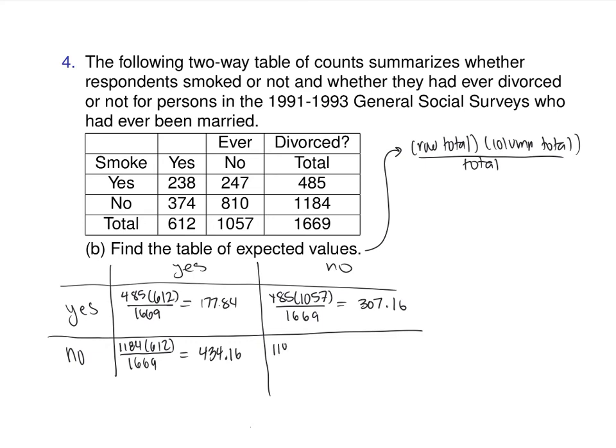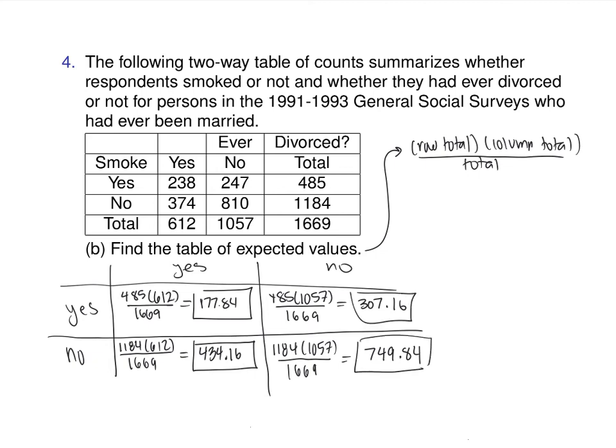Row total 1184, column total 1057, over 1669, 749.84. So these are what you would expect to see on average if there was no relationship. So just looking at your table, the numbers in the expected values seem to be a bit different than the ones that you actually observed.